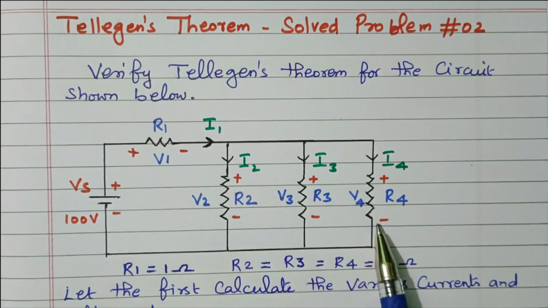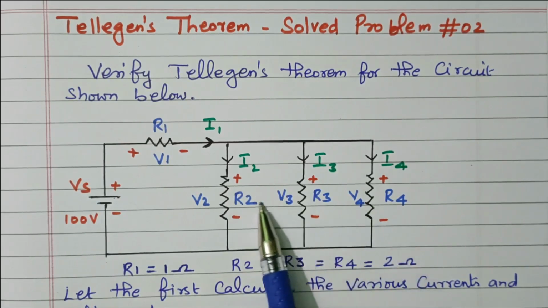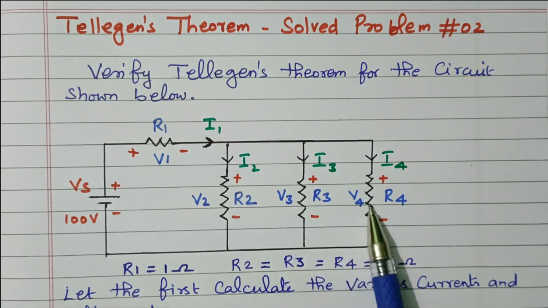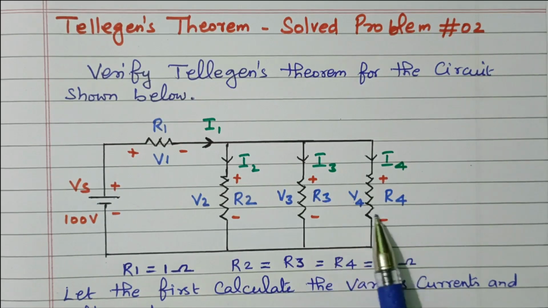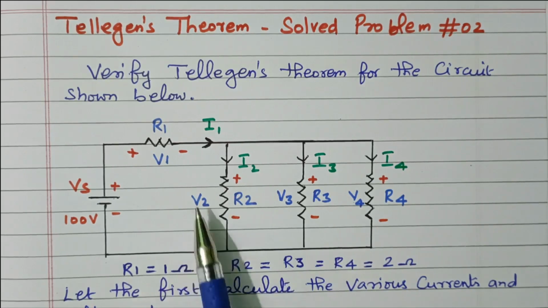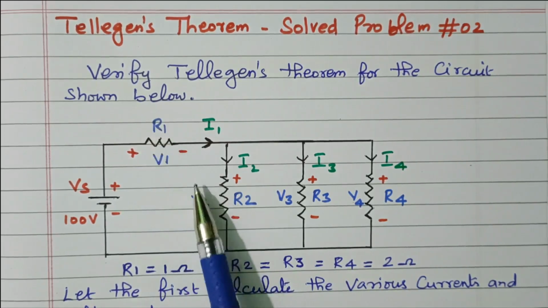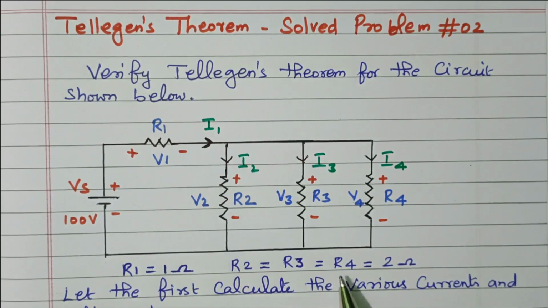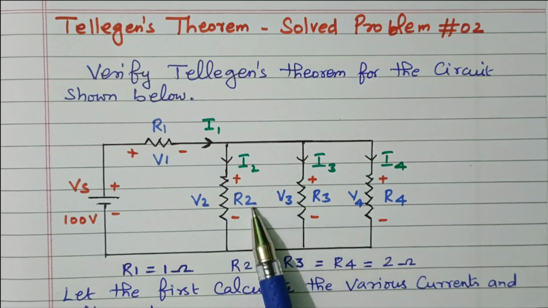So in this circuit, by analyzing, it is clear that these 3 resistors, R2, R3, R4, are connected in parallel, and it is given that the R1 value is 1 ohm. R2, R3, R4 are 2 ohm. All the resistors have the same value, 2 ohm.